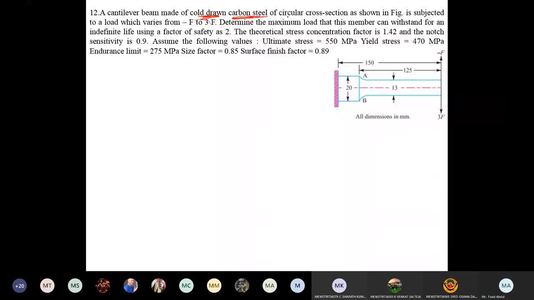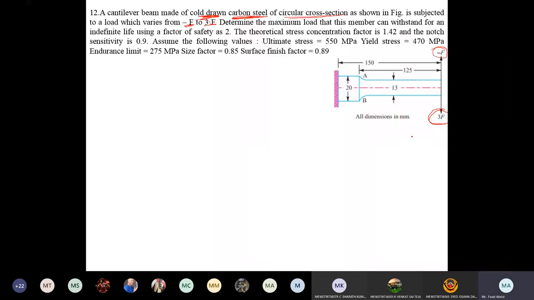It has a circular cross section, and it is subjected to a load which varies from a minimum magnitude of minus F to a maximum magnitude of 3F.